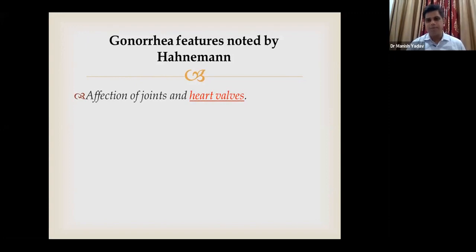Other features that came up, and he understood, are affections of joints and heart wall. Rheumatoid diseases, rheumatic heart diseases, that could be one of the features of psychosis. You will find that you get some patients where you see in the past histories, in the family histories, many people suffering from joint complaints.